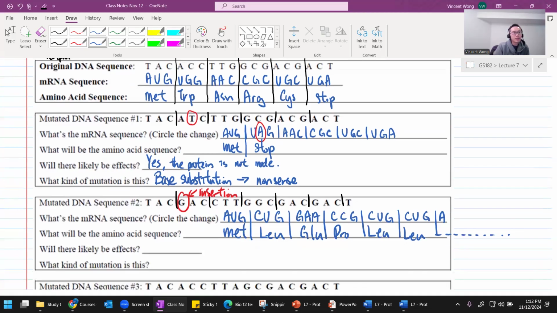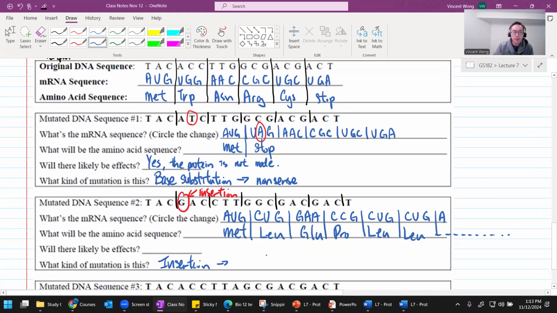Please check your answers. What kind of mutation is this? Oh, it's an insertion.